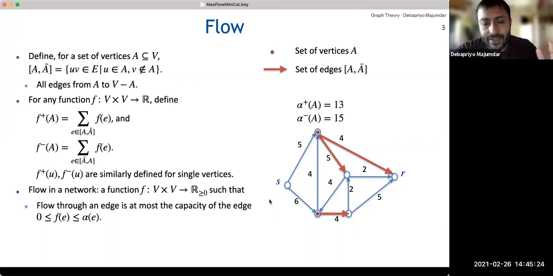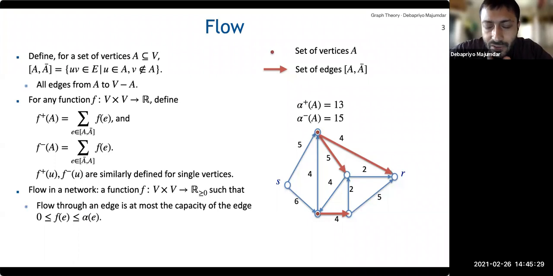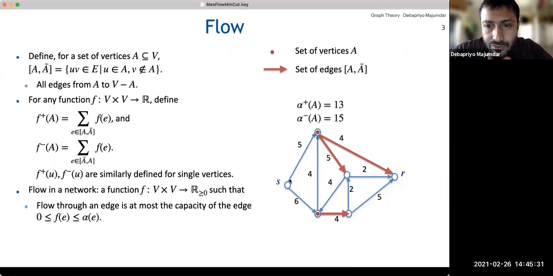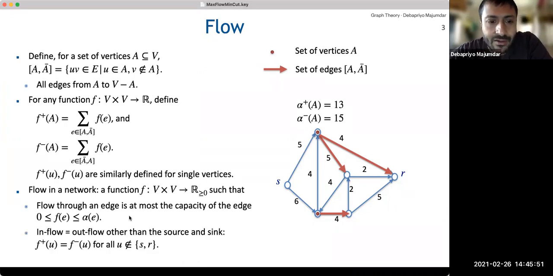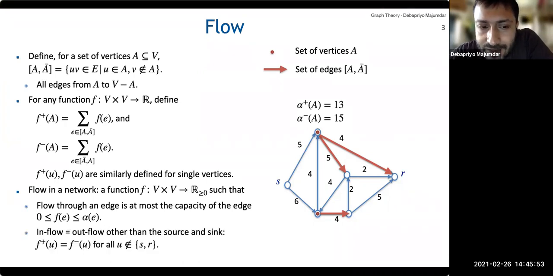First of all, your network has a capacity, so a flow can be on a network, but if the capacity of this edge is 5, you cannot let more than 5 flow through this edge. So the flow is non-negative, but it's also at most the capacity of the edge. And for every vertex other than the source and the sink, the inflow is equal to the outflow.